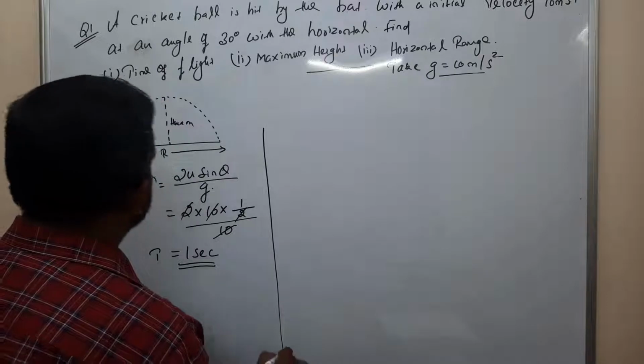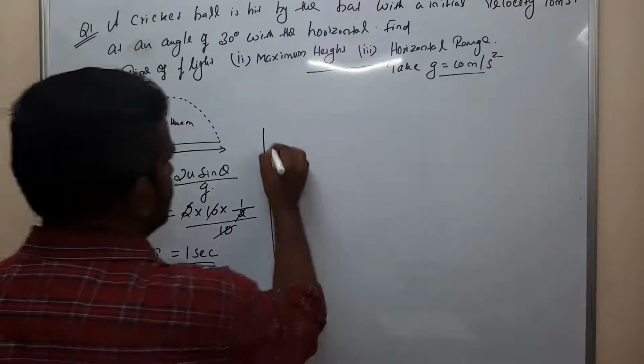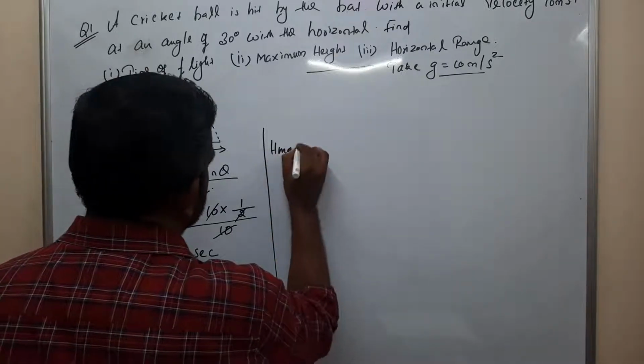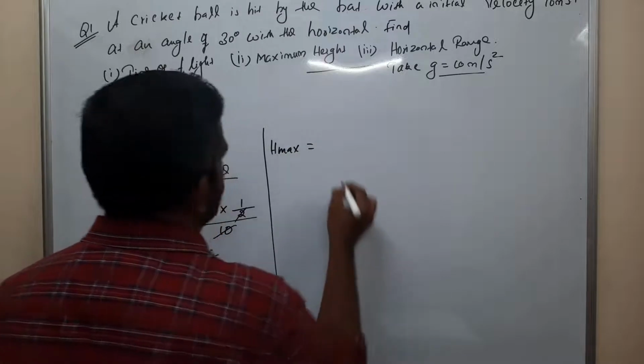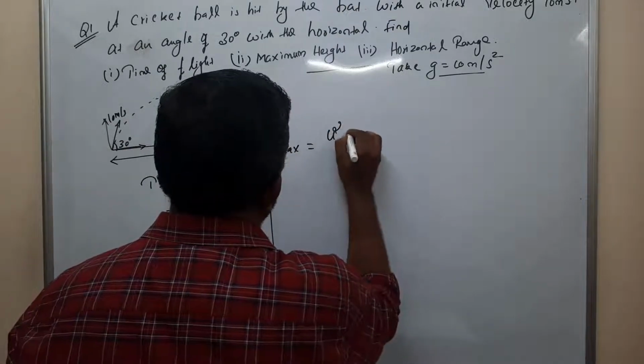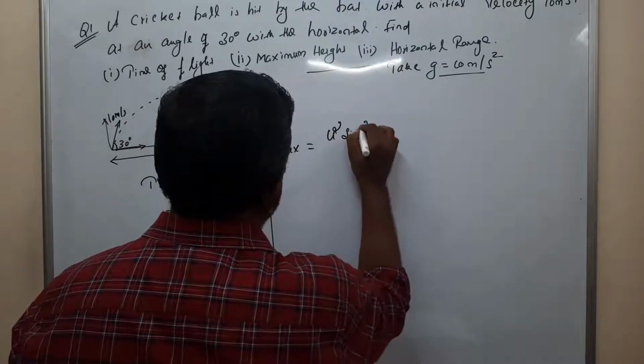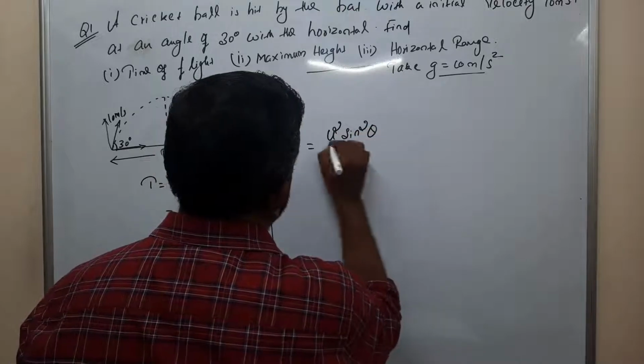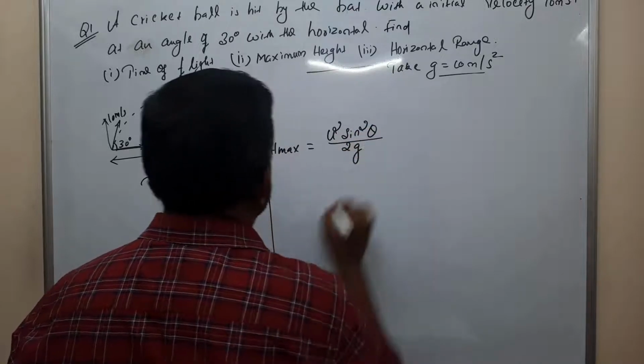Next we have to find h max. What is the formula? U square sin square theta divided by 2g.